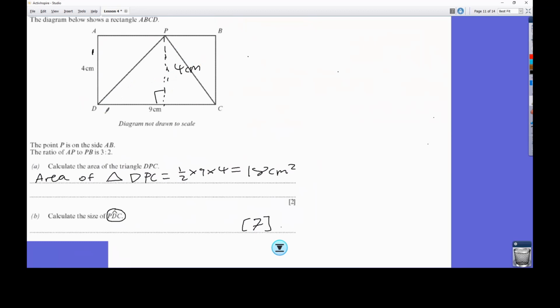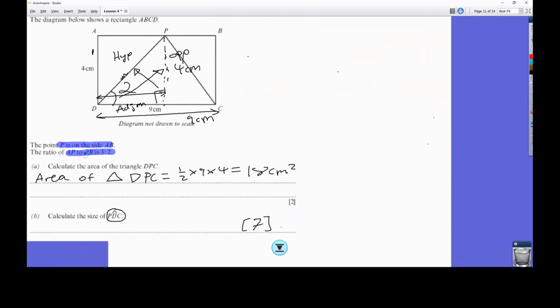Now, for the base of the triangle, I know that D to C is 9 centimeters, but AP to PB is 3 to 2.